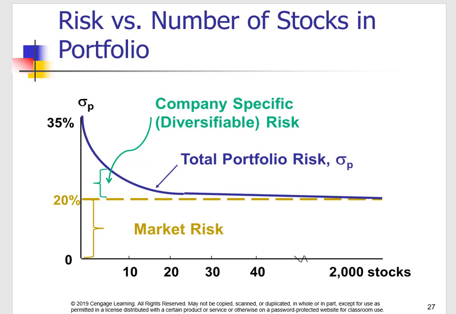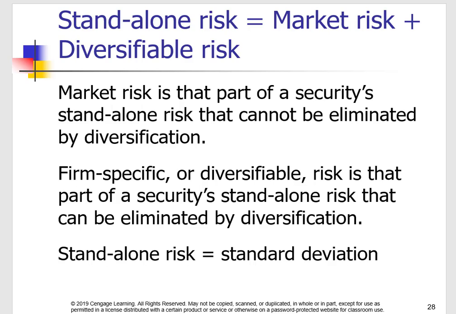So how many stocks do you think we should have? Apparently, somewhere around 40 stocks is the place where you would get the maximum amount of risk reduction.